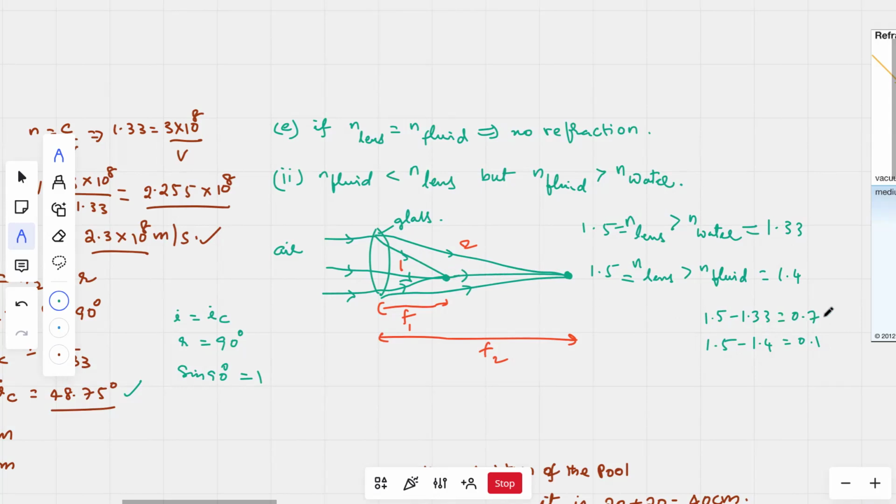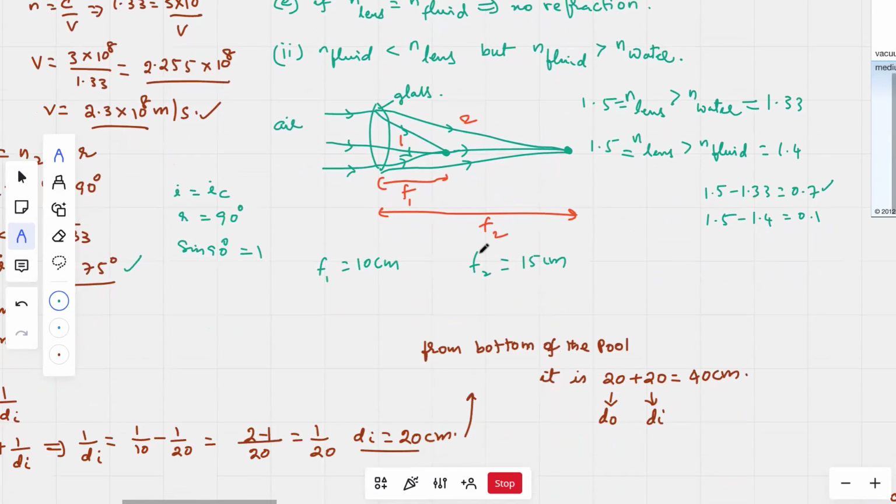In the first case, it is more, so the bending will be more. That means the focal length will be less. And in the second case, the focal length will be greater than f1. Suppose in the first case, focal length f1 is equal to 10 centimeters he gave. So in this case, f2 is approximately 15 centimeters.